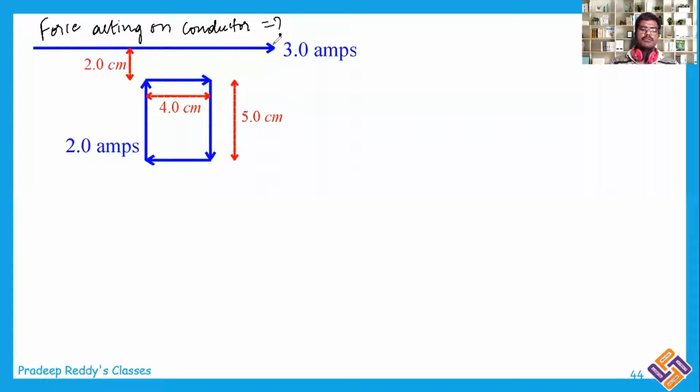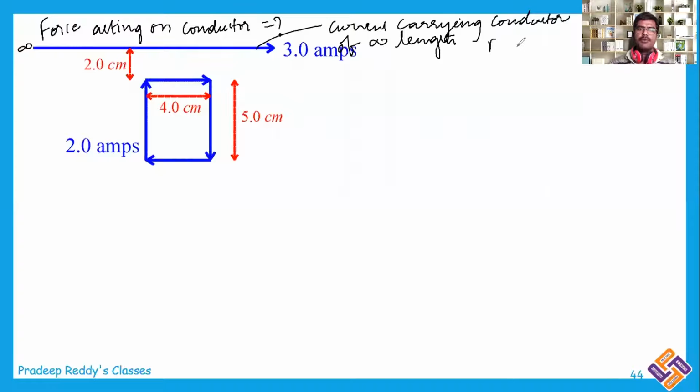Students, this is one current carrying conductor and it is of infinite length. What is the magnetic field produced because of it?